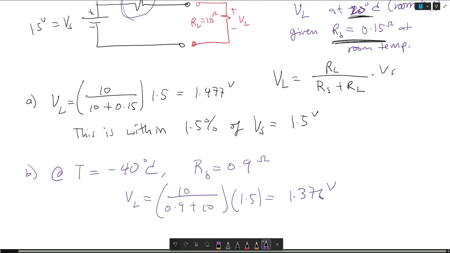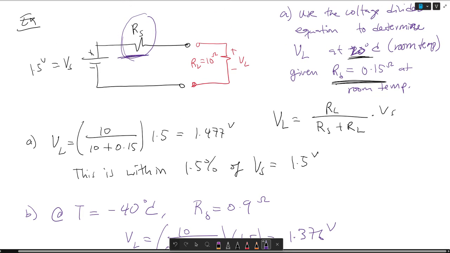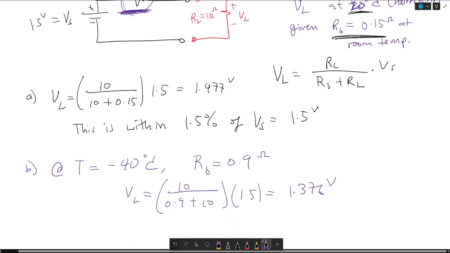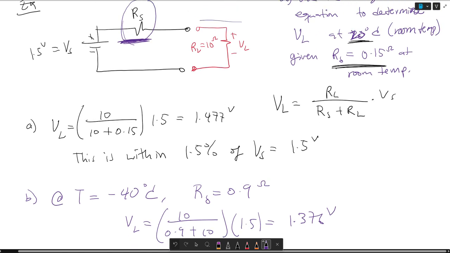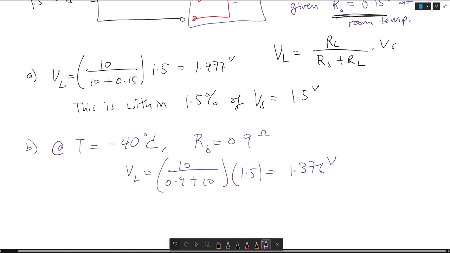This is why your car normally dies on cold winter days, because this resistor becomes apparent to the circuit and draws a lot of voltage. The voltage being provided to my load, or to your car, isn't sufficient, because the source resistance is extremely high due to the cold temperatures.